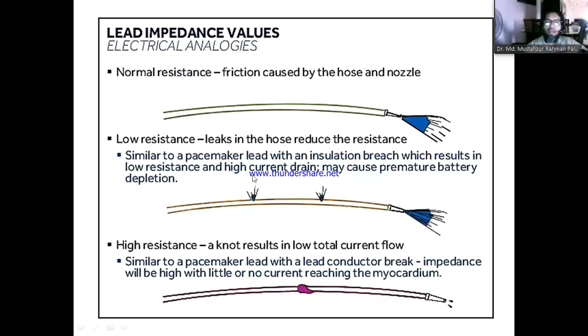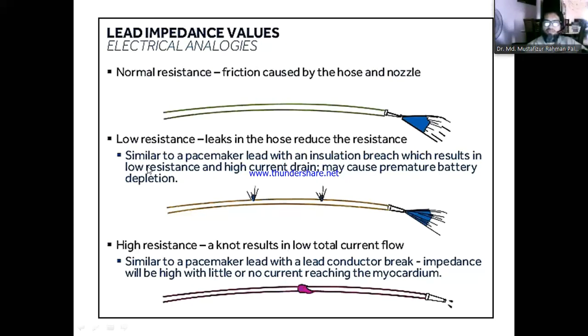If the resistance is low, that is, a leak in the pipe occurs, then the fluid will leak through the pipe, and the tank will need to supply more water to the nozzle, and the fluid will leak through the pipe.